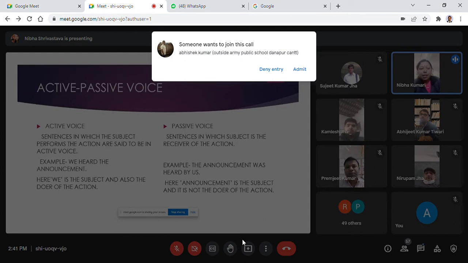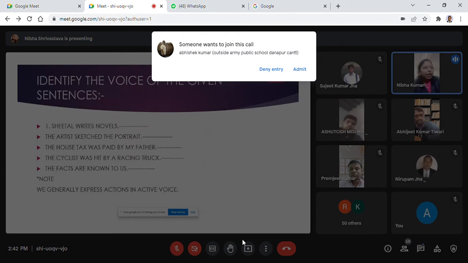Here the announcement is not doing anything; the action is performed upon it. The announcement was made and we heard it. So that is the difference between active and passive voice. In active voice, the subject is the doer of the action, whereas in passive voice, the subject becomes the receiver of the action.